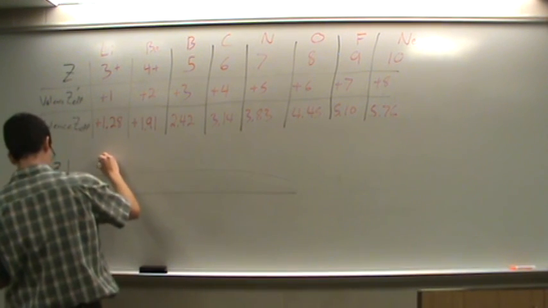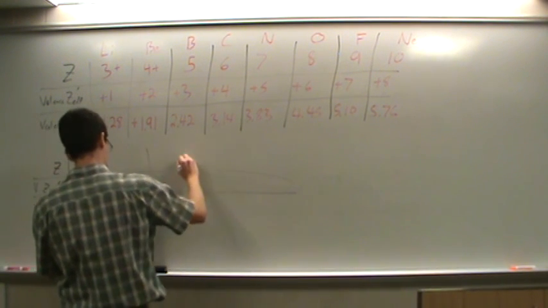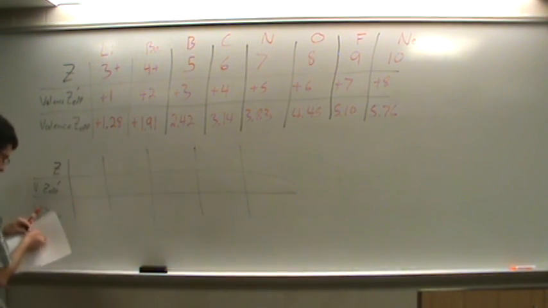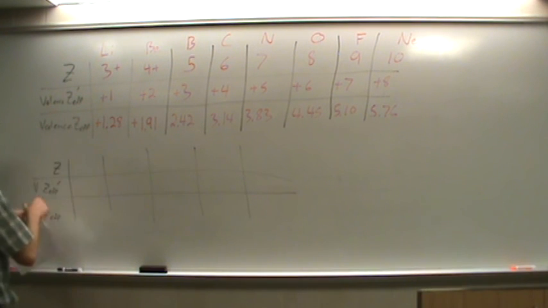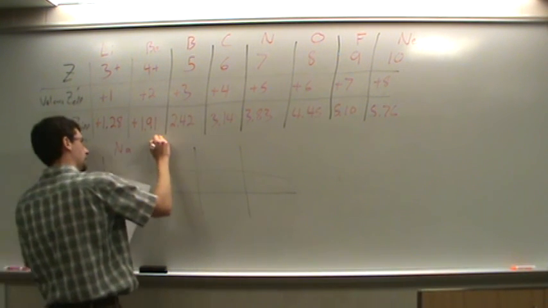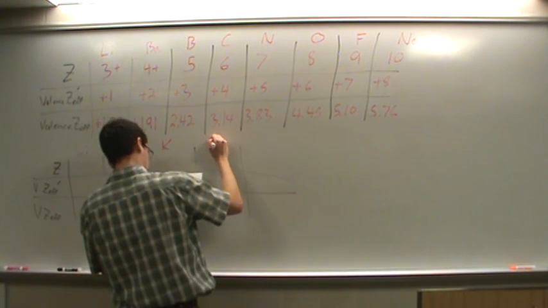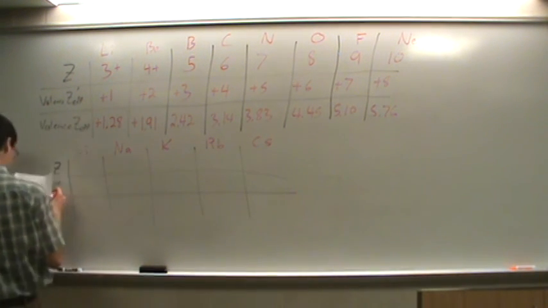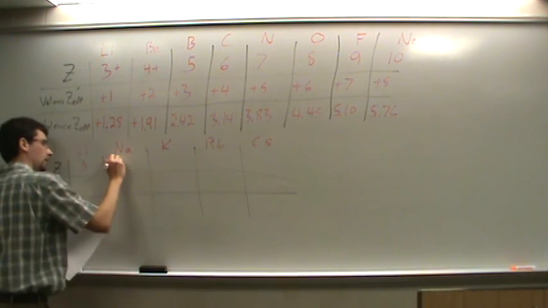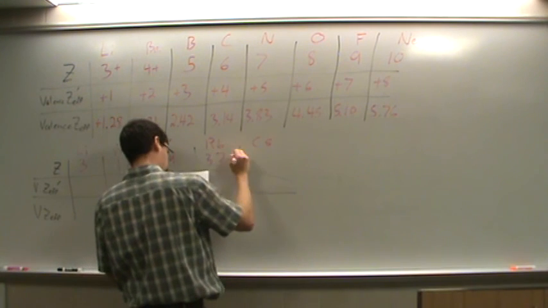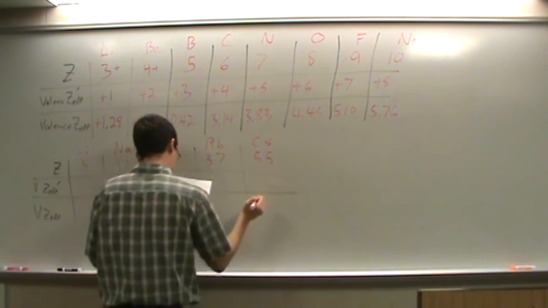We'll have lithium, sodium, potassium, rubidium, and cesium, with Z values of 3, 11, 19, 37, 55.